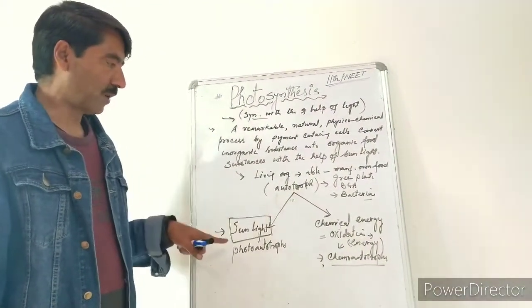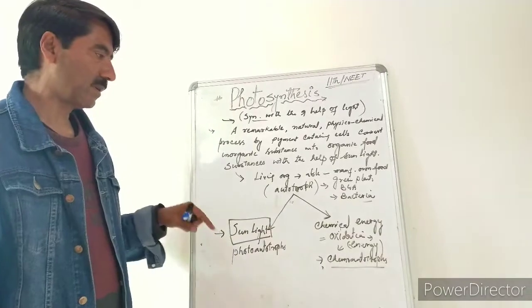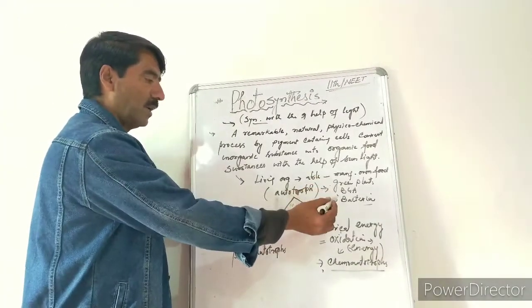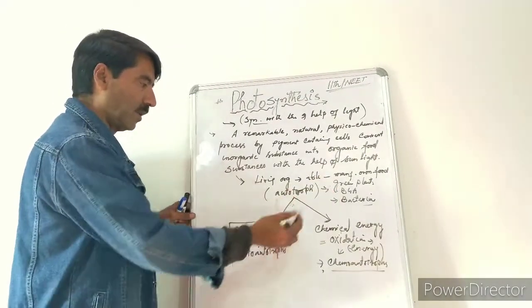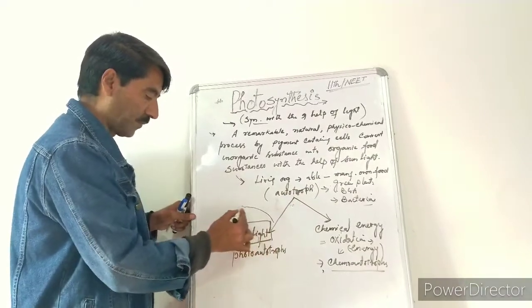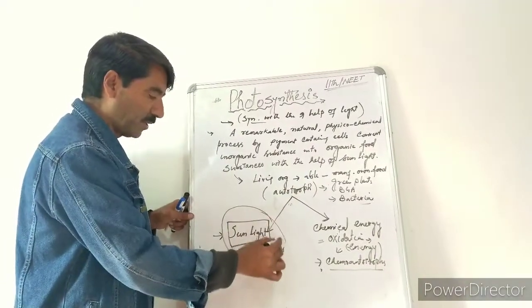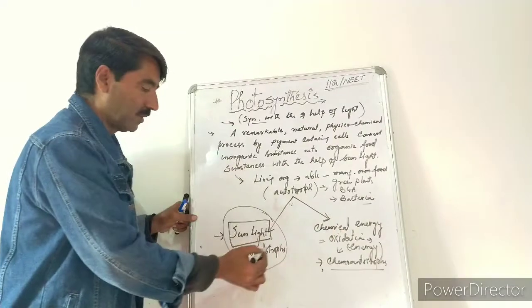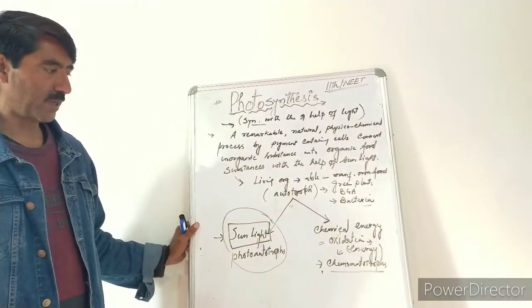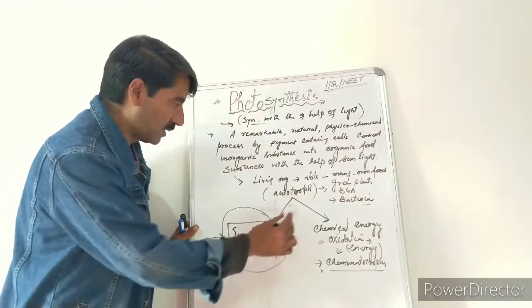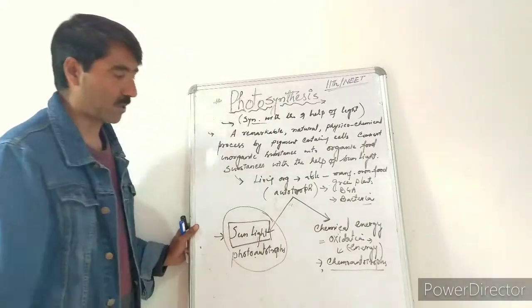Now these autotrophs, among these living organisms, like these green plants and these blue-green algae, they use sunlight for manufacturing the food, and some bacteria, they use sunlight for manufacturing the food, and these then are called as photoautotrophs.